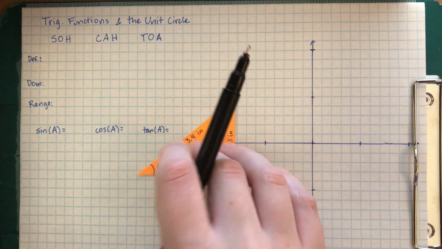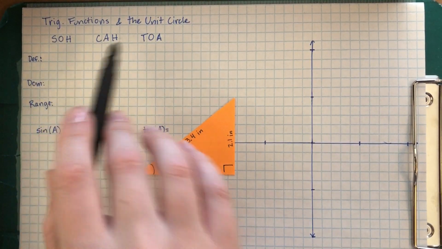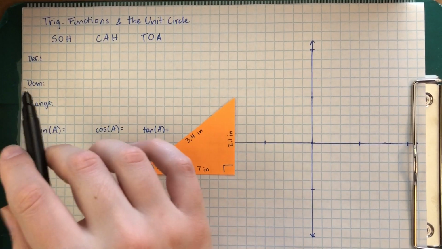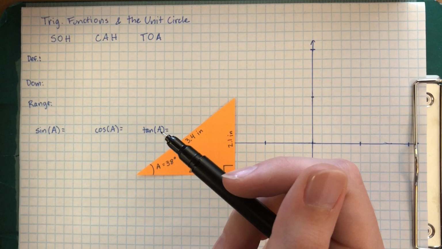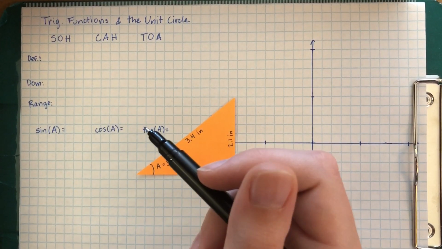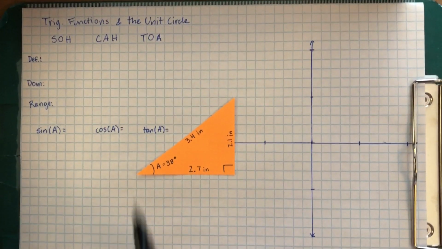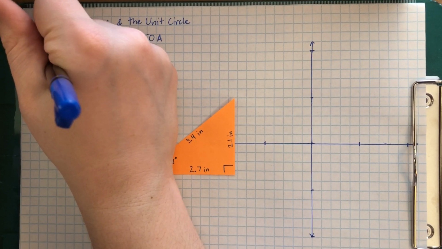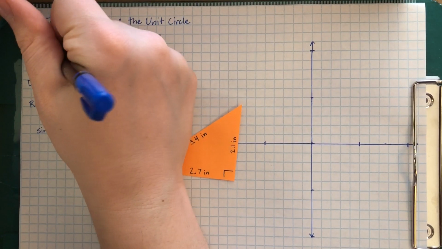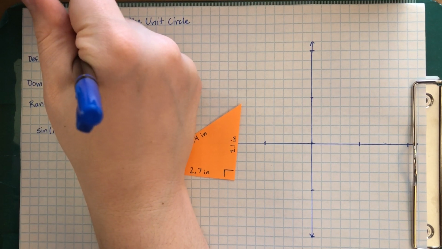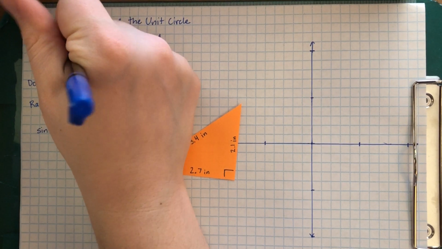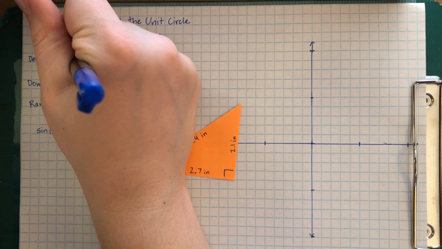So the saying that you've probably heard before is SOH CAH TOA. And this is an easy way to remember the definitions of the trig functions sine, cosine, and tangent. So sine is the opposite over the hypotenuse.